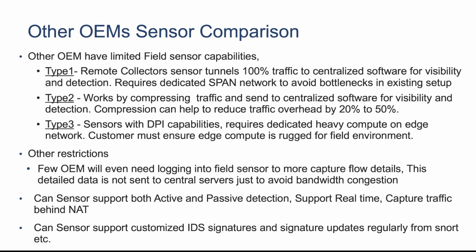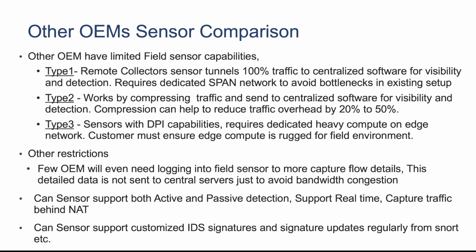Type 2 tries to use the same infrastructure. It works by compressing the traffic using software and then sending the compressed traffic to centralized software for visibility and detection. This compression can reduce the traffic overhead by, let's say, 20 to 50%.